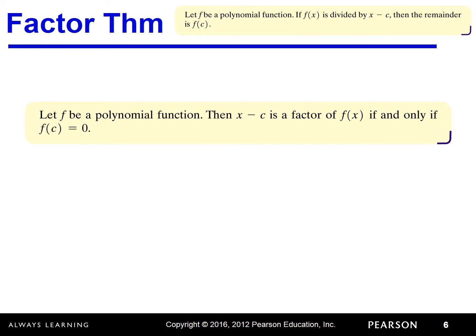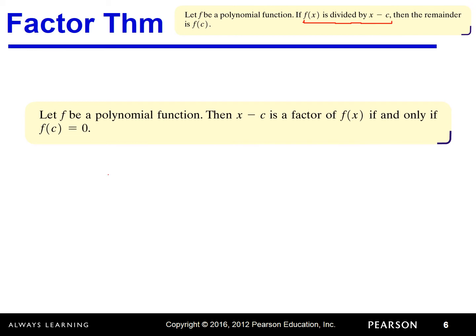Now let's remember that equation to which I drew your attention earlier. That was before we asked about f of c, when we were talking about the hypothesis of the remainder theorem, that f of x is divided by x minus c.